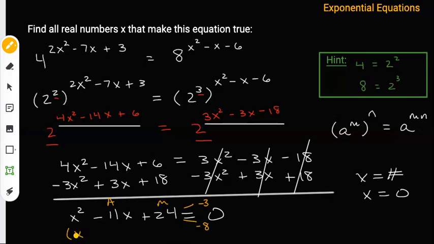So I'm going to get x minus 3 times x minus 8. And the whole thing is still equal to 0. So now I can make my two equations. I'm going to have x minus 3 equals 0. So I set the first factor equal to 0. And then I'm going to have x minus 8 equals 0.